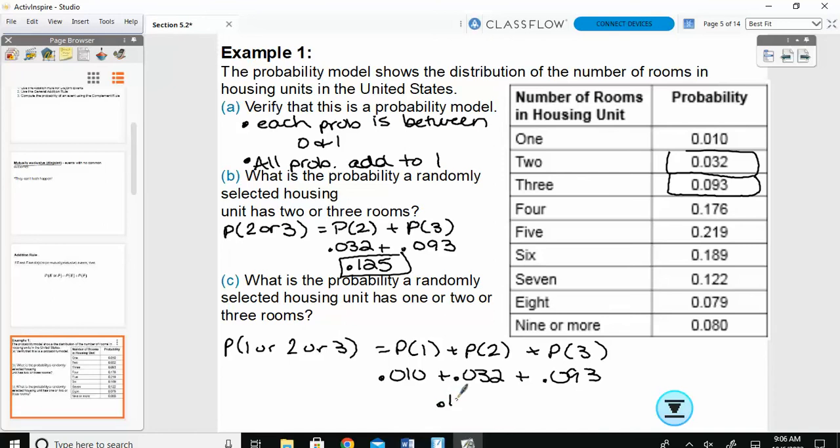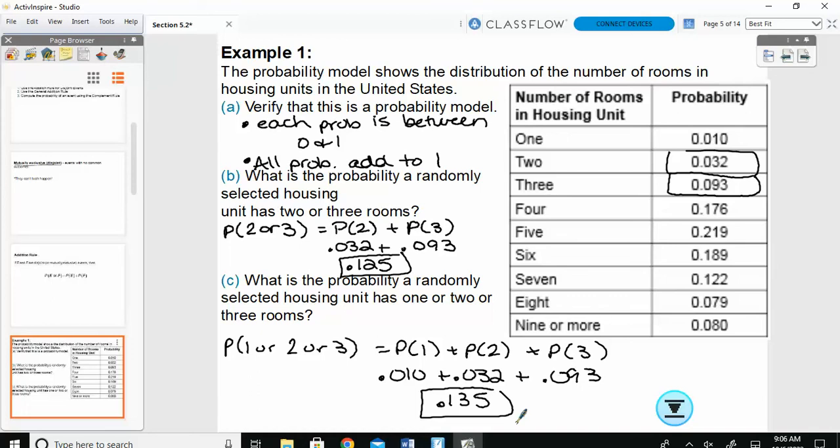And we get 0.135. All right. Is everybody okay with that addition rule?